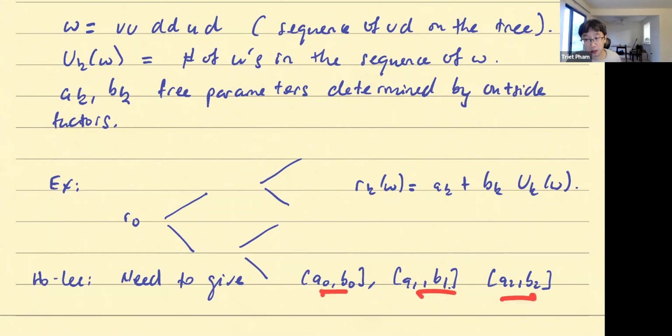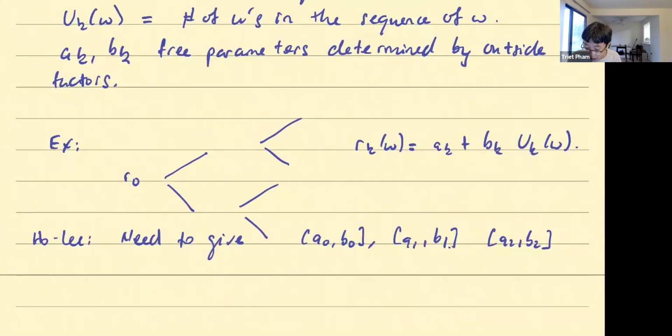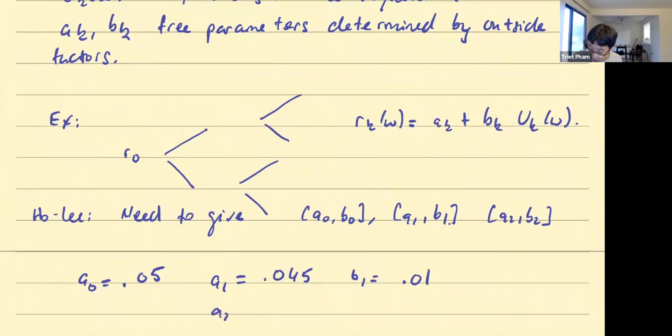We'll talk about that. But for now, let's say you're given this and see how to populate the tree. Let's say A0 is 0.05, A1 is 0.045, B1 is 0.01, A2 is 0.04, B2 is 0.01.